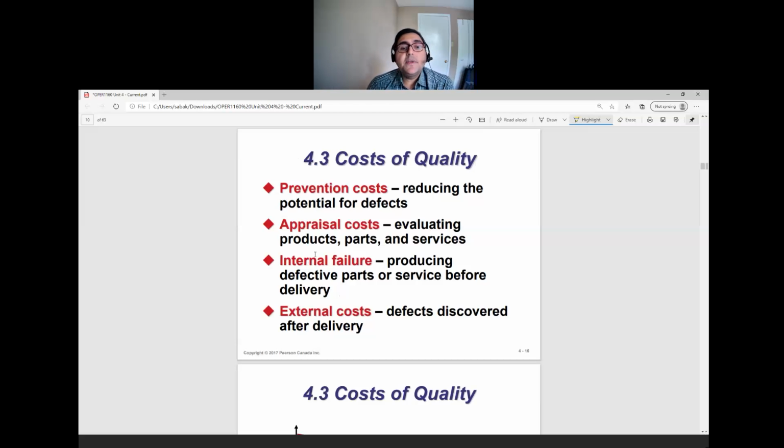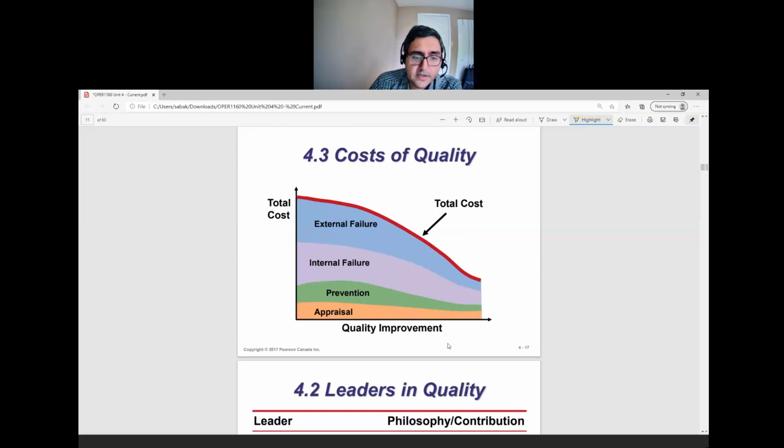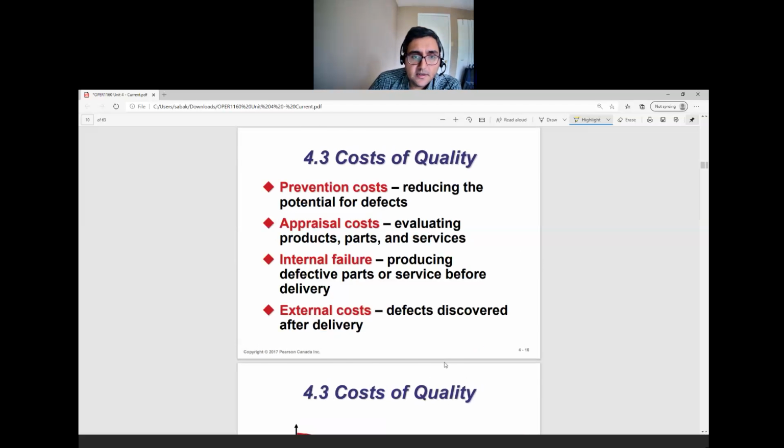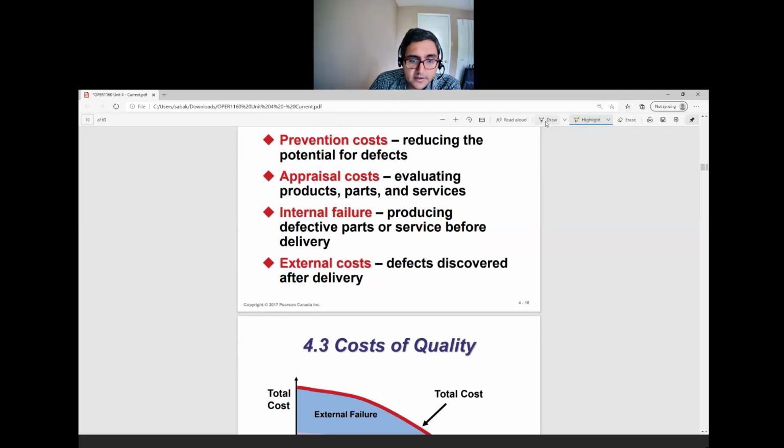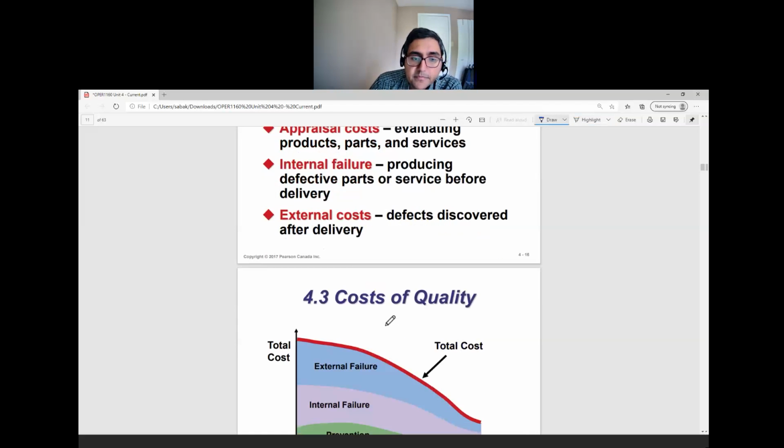And internal failure typically refers to, for example, let me just try to draw a picture here, then you will understand the various steps. Maybe I can use this side. Let's say this is your operations and this is your output stage.